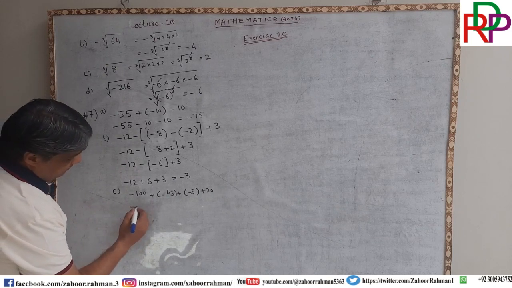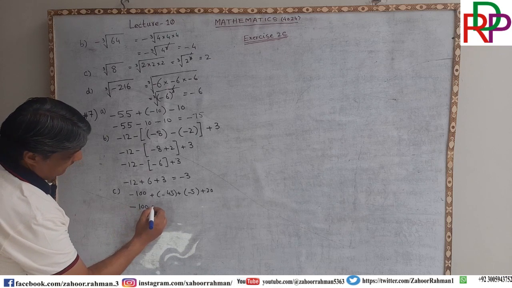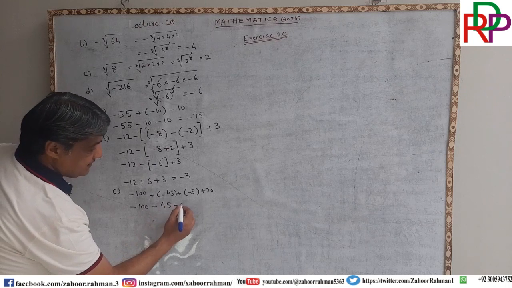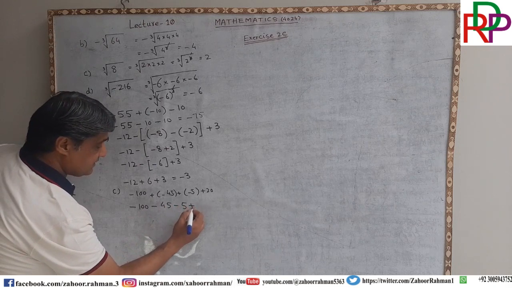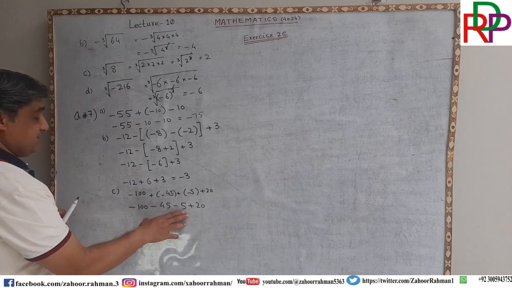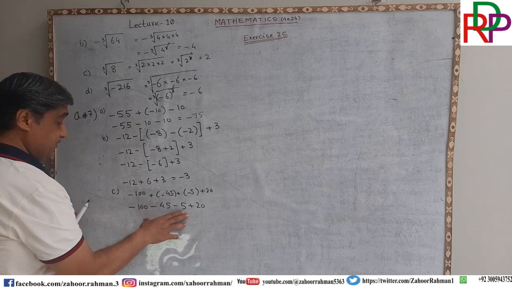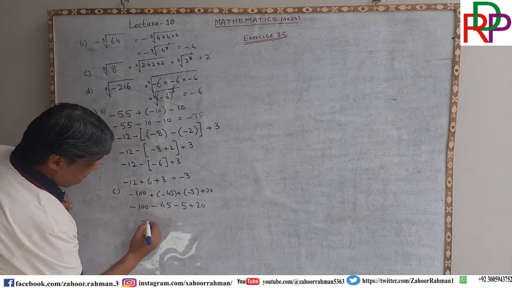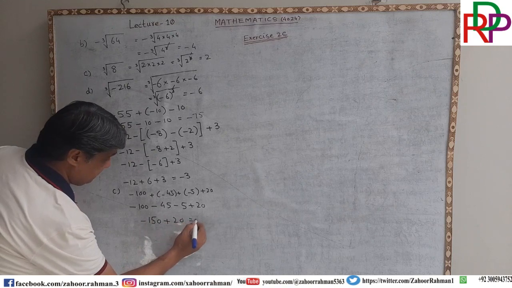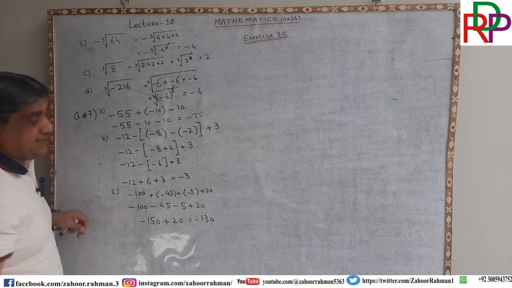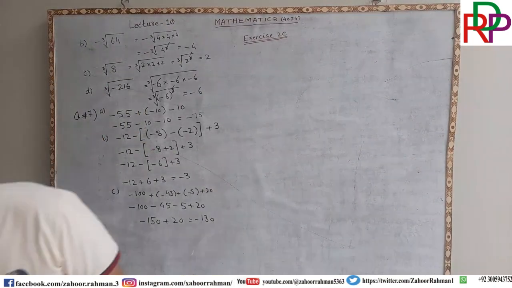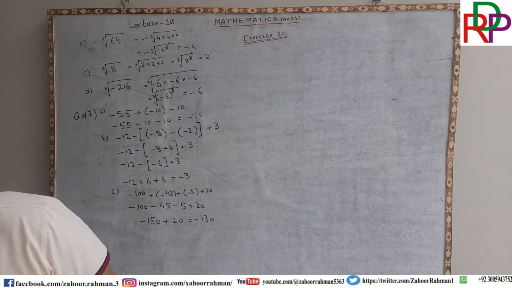I am writing minus 100 here, and then minus 45, and then minus 5 plus 20. I will add all these three with the negative symbol. So that is minus 150 plus 20, which means minus 130 is the answer.